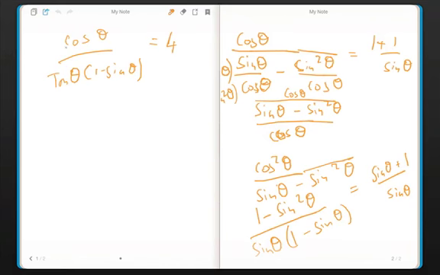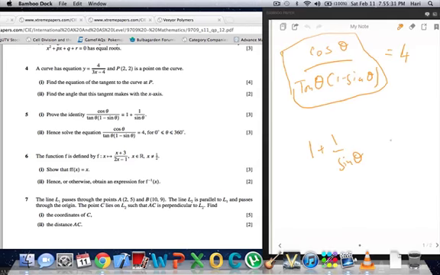So we found out in the last part of the problem that this was equal to 1 plus 1 by sine theta. Am I right? So what we have to do here is just equate this to 4.